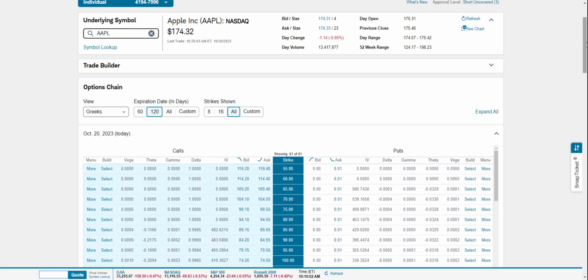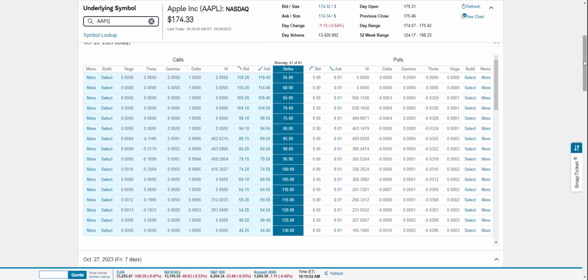So the Greeks are right here. There's Vega, Theta, Gamma, Delta, and implied volatility. Vega, do I have the calculation? No. The platform or the software or the website, whatever you want to call it, automatically calculates it for you.